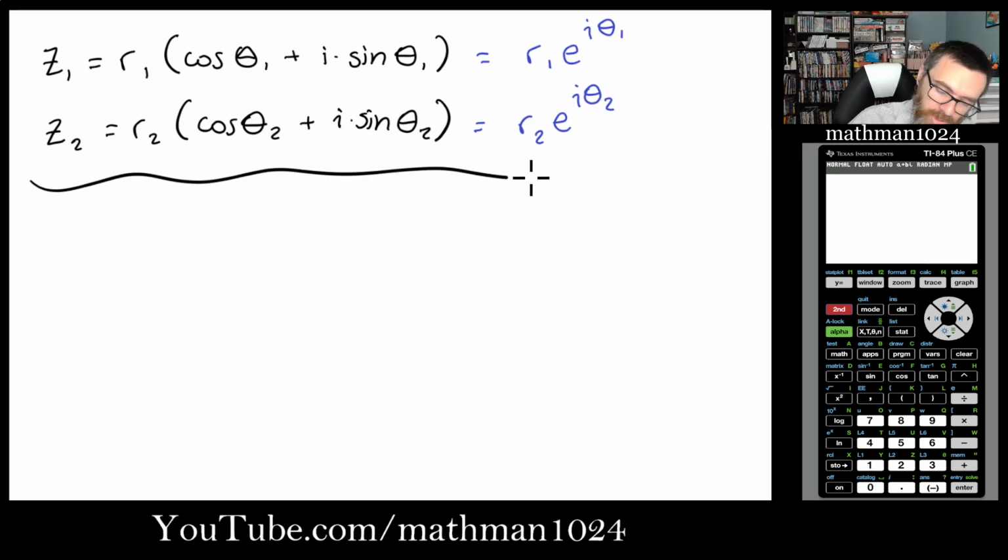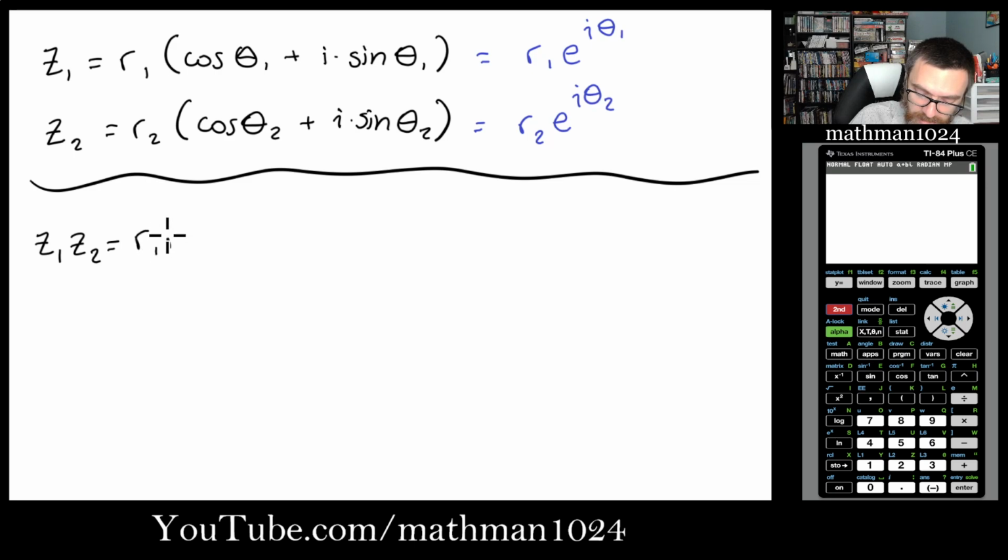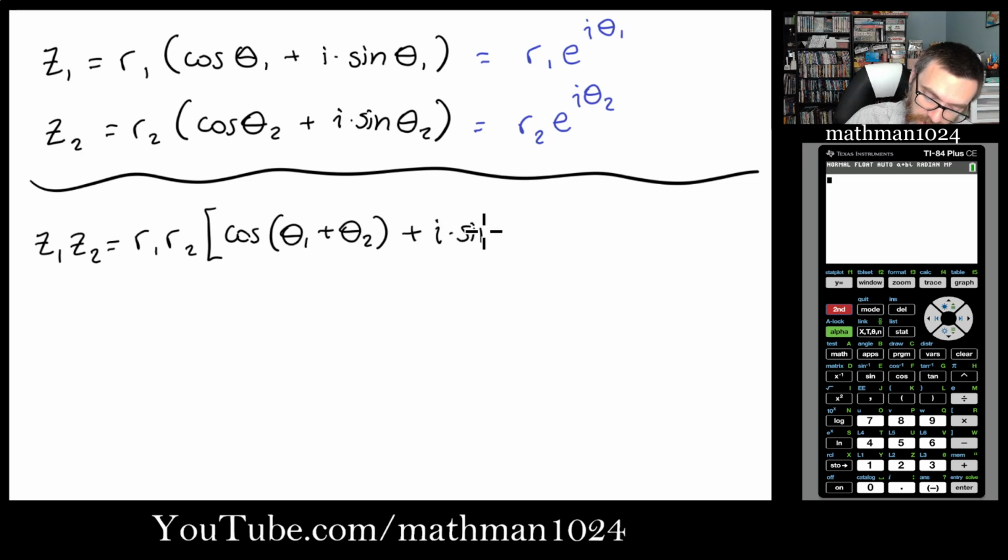So when we do multiplication, it's going to be the product of those r's. And in polar form, it's going to be cosine of theta sub 1 plus theta sub 2 plus i times sine of the sum of those angle measures.